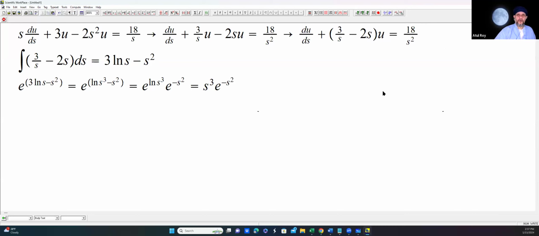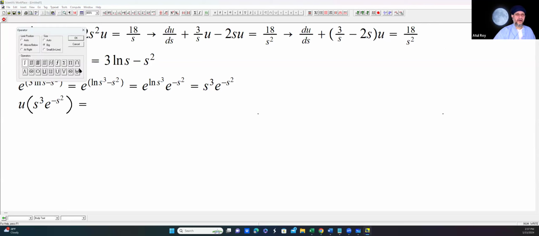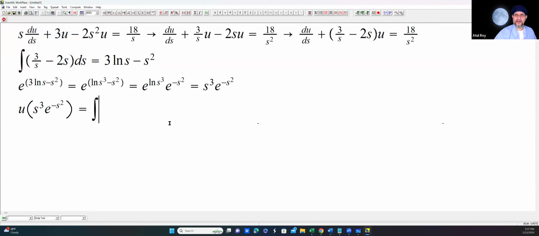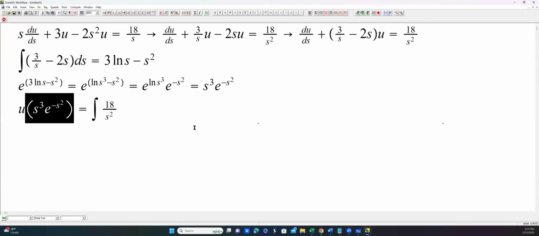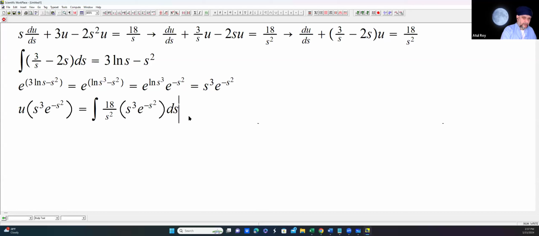So what will the solution be then? u times this quantity equals the antiderivative of this quantity times this quantity ds, and of course plus a constant, right?